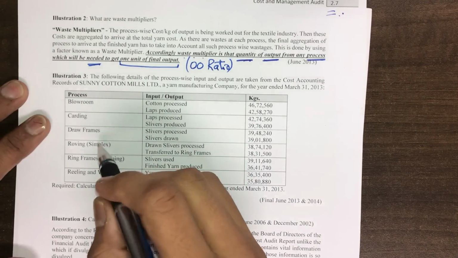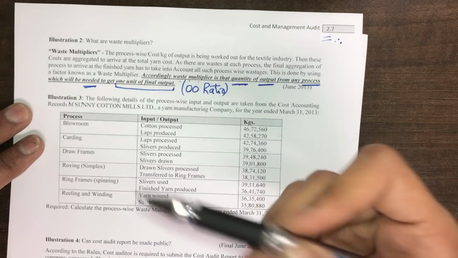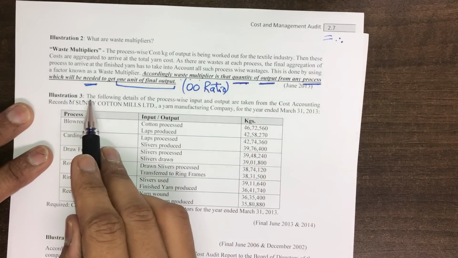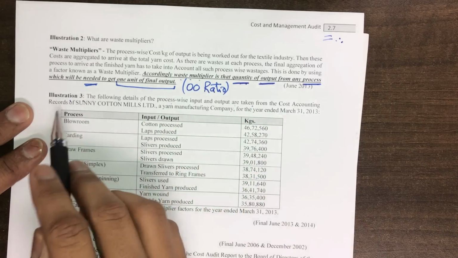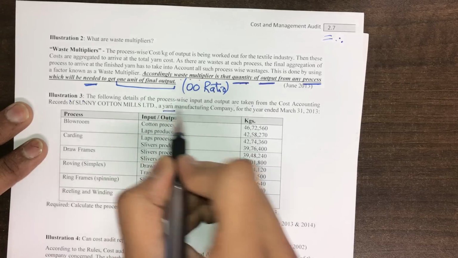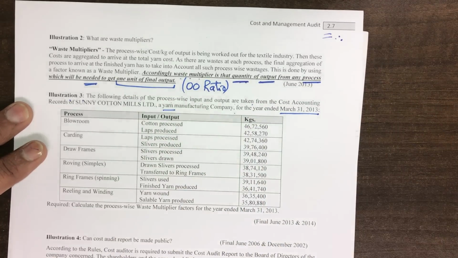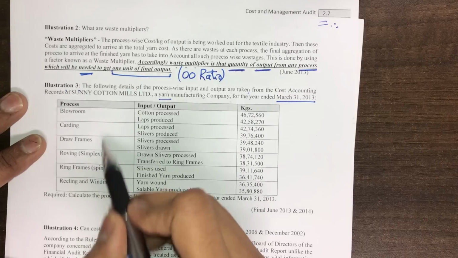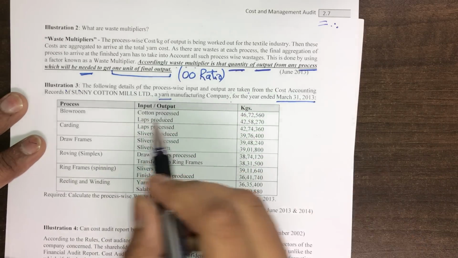Let us come on to the question. Illustration number 3, page number 2.7 of the cost audit module. The following details of process-wise input and output are taken from cost accounting records of Sunny Cotton Mills Limited, a yarn manufacturing company for the year ended 31st March 2013. These are the processes which are given, and these are the inputs and outputs.